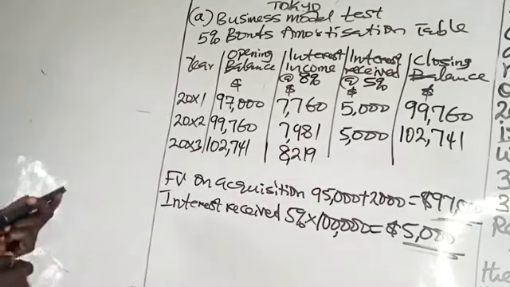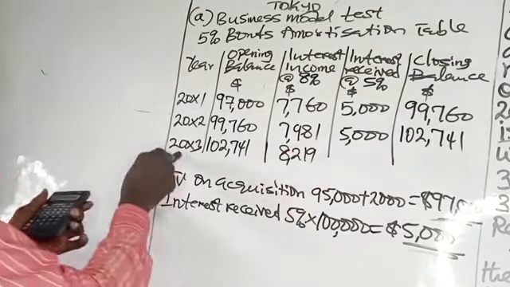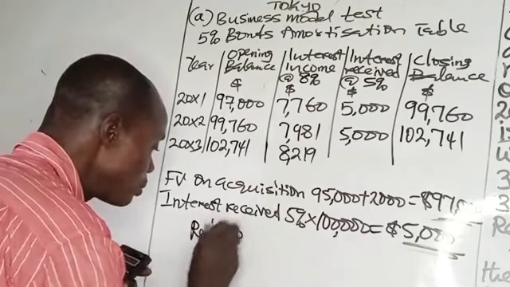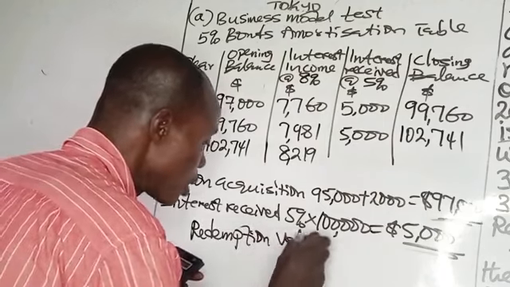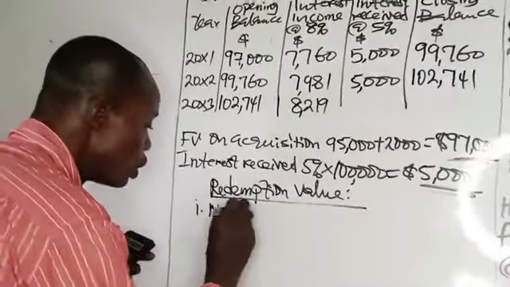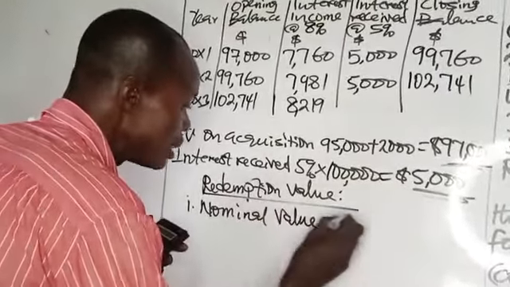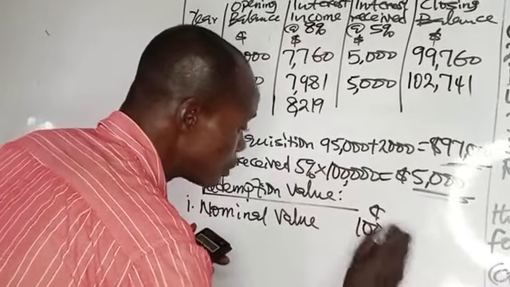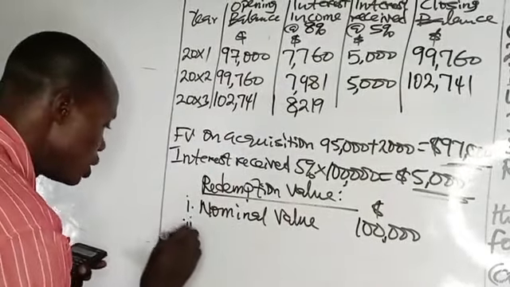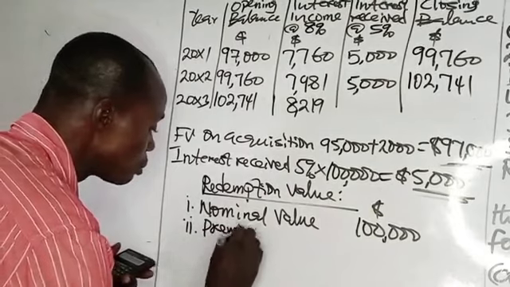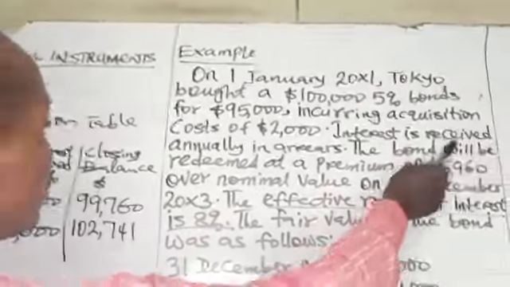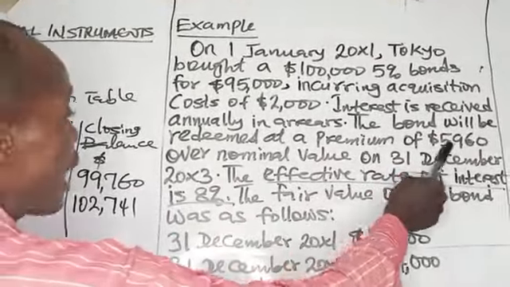Then, since it will be redeemed in 2023, how much will the redemption value be? The redemption value comprises, one, the nominal value, which is $100,000. Two, it will be redeemed at a premium. How much is the premium on redemption? The bond will be redeemed at a premium of 5,960.